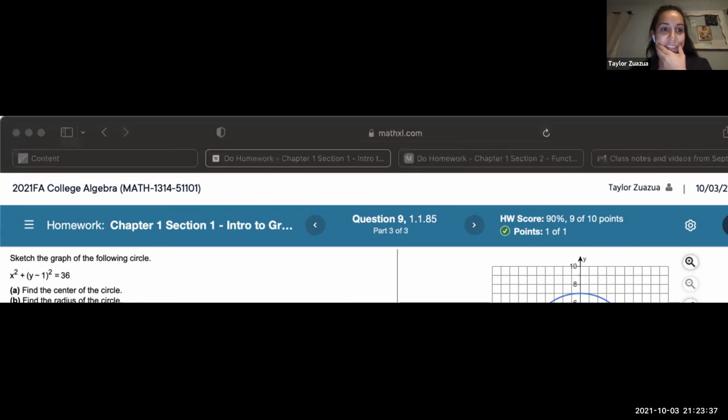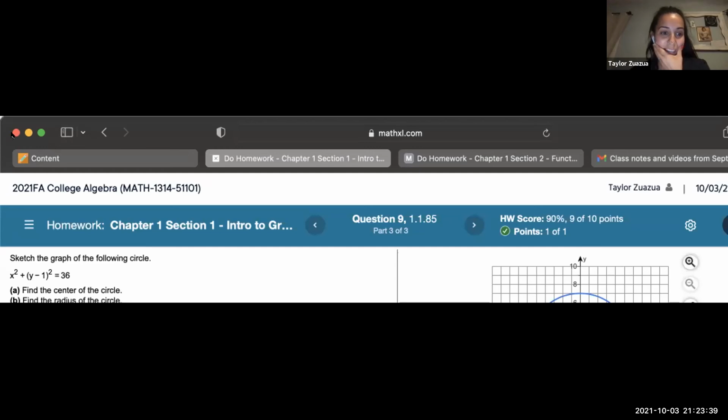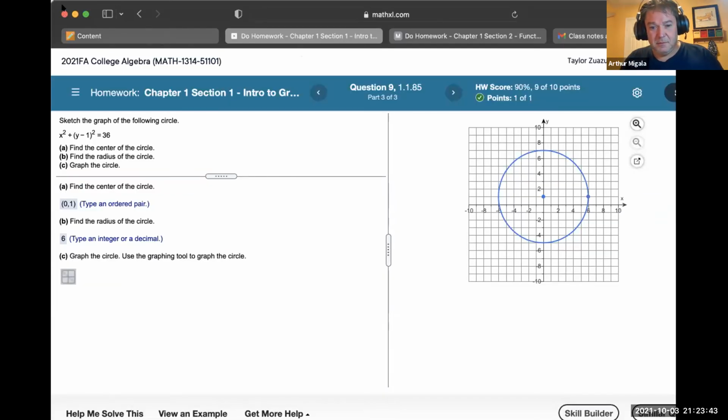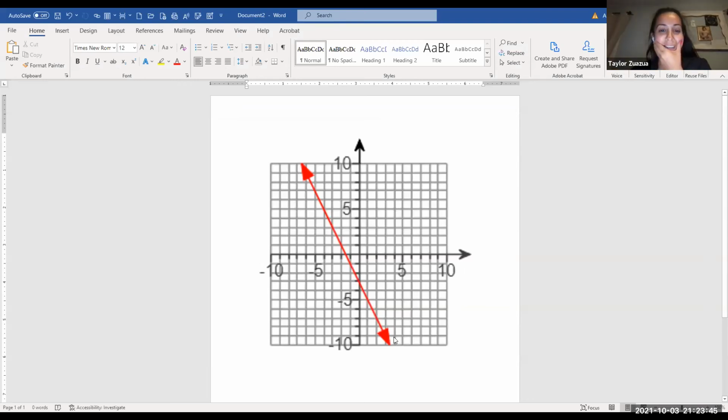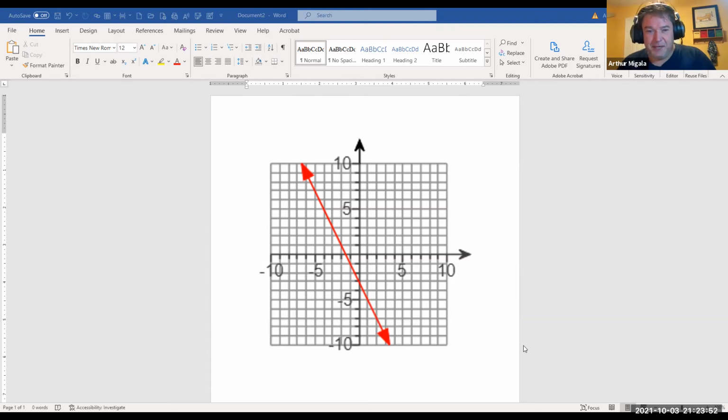Well, can you see mine? Yeah, I see yours. Yours is the big graph now. Let's look at this one because it's going to be the same.